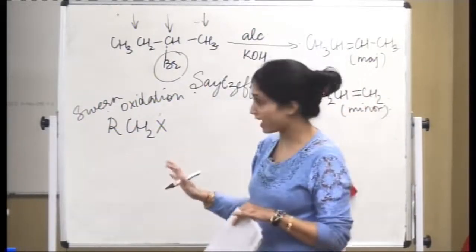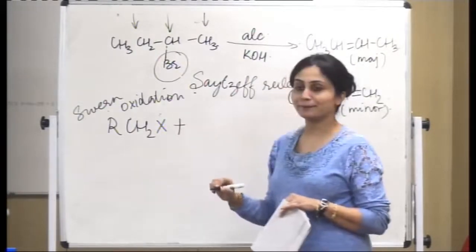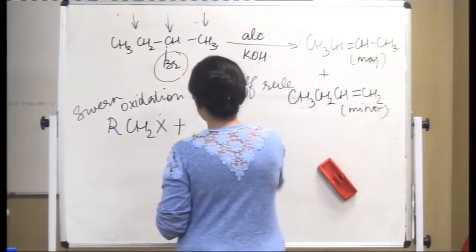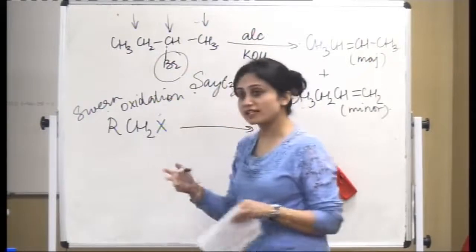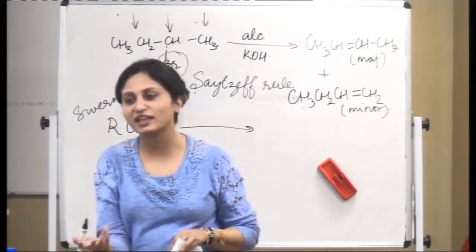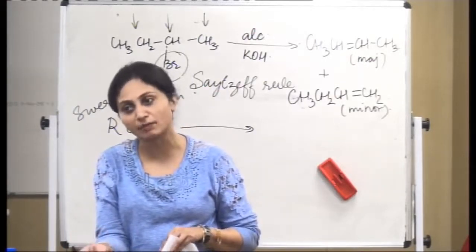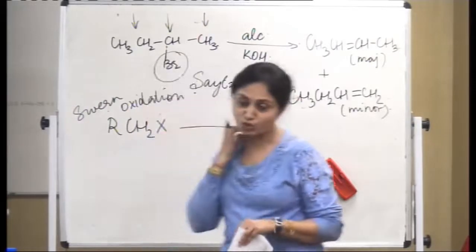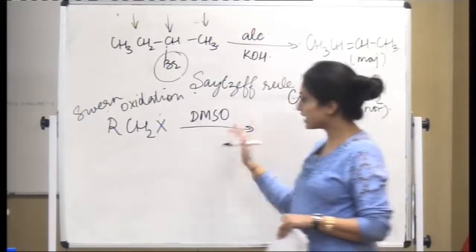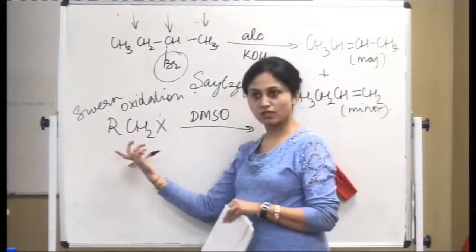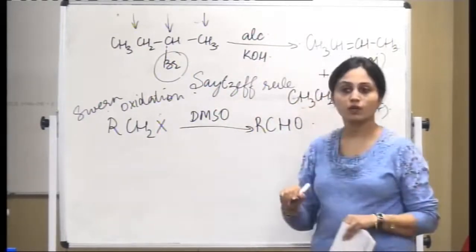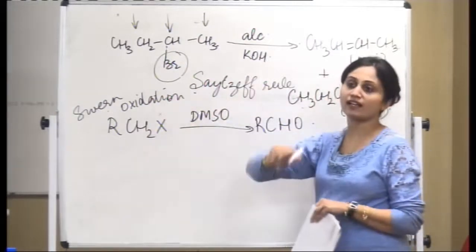That is RCH2X plus, in this case, you can prepare aldehyde from this. So this again is a special one. You add an oxidizing agent to it. Oxidizing agent means we are now adding oxygen. K2Cr2O7 and KMnO4 immediately come to mind, but there are other oxidizing agents also, like dimethyl sulfoxide. This is DMSO. When you add the reagent DMSO to this reactant, what you can get is RCHO.